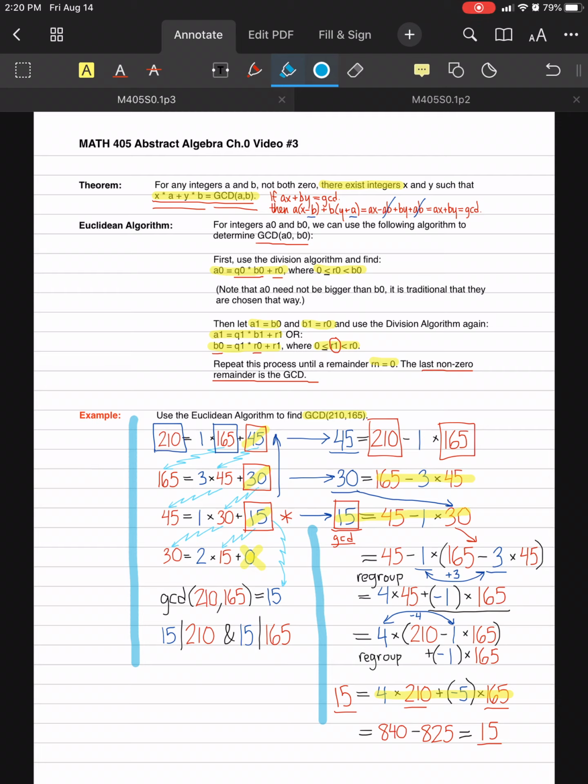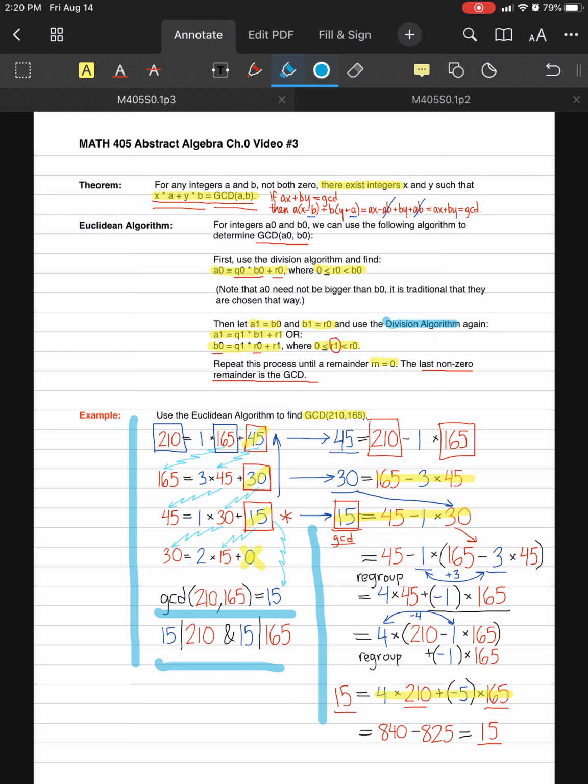But we also wind up with this result here that we can use this algorithm to find the GCD of two numbers that we start with by repeated use of the division algorithm.